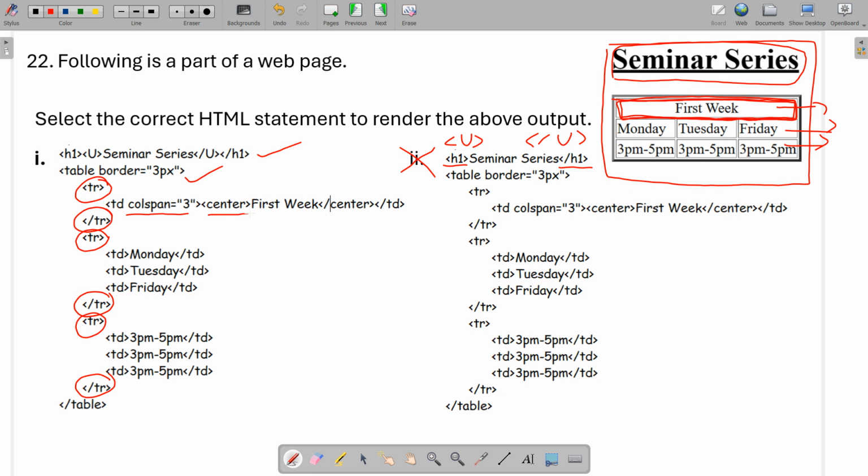Generally the TD, when it comes to table data, the content will be left aligned, so they have used the center tag here to make the content in the middle. So it seems the first one is the answer.